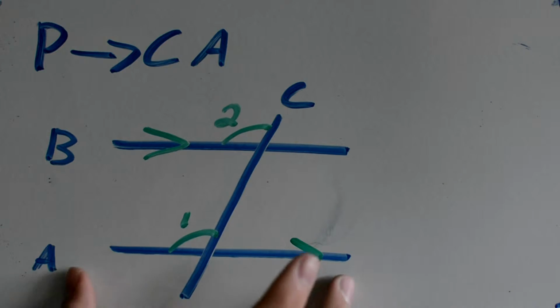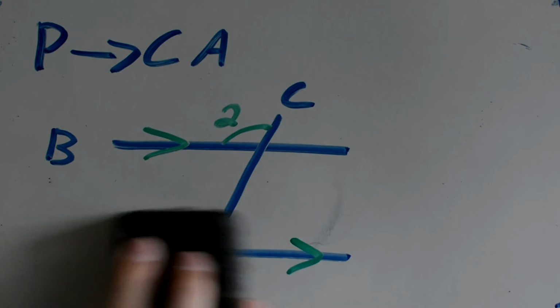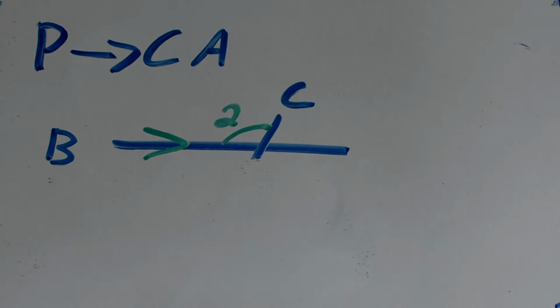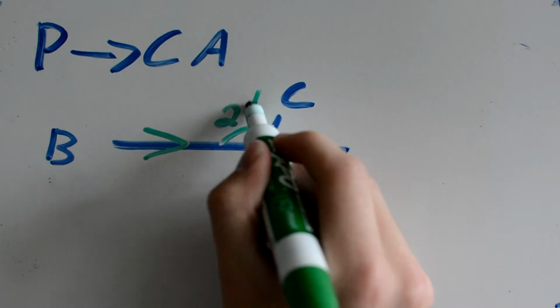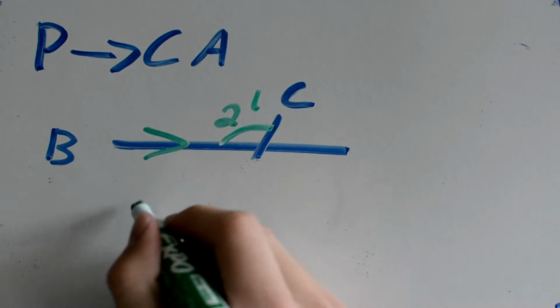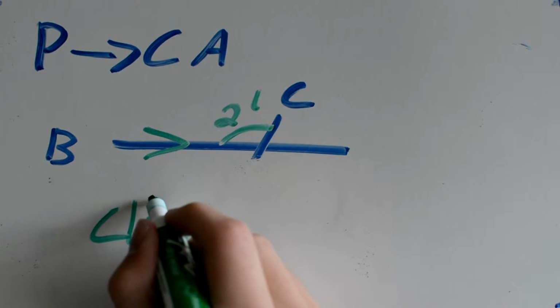So if you were to slide line A up to line B, like we did in the previous part, you will now see that angle 1 is overlapping angle 2. Therefore, angle 1 is congruent to angle 2.